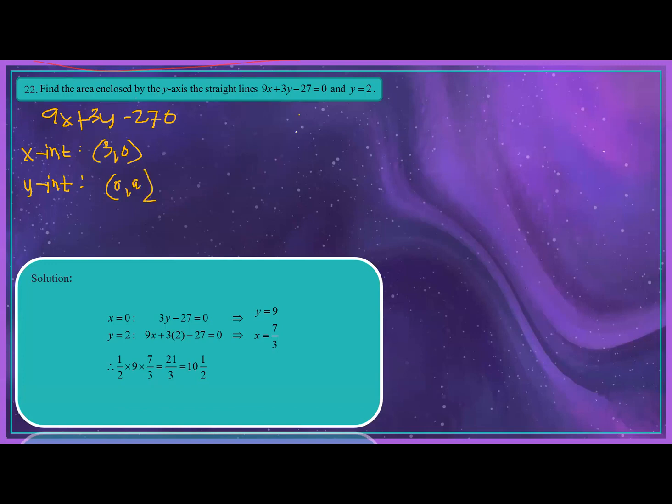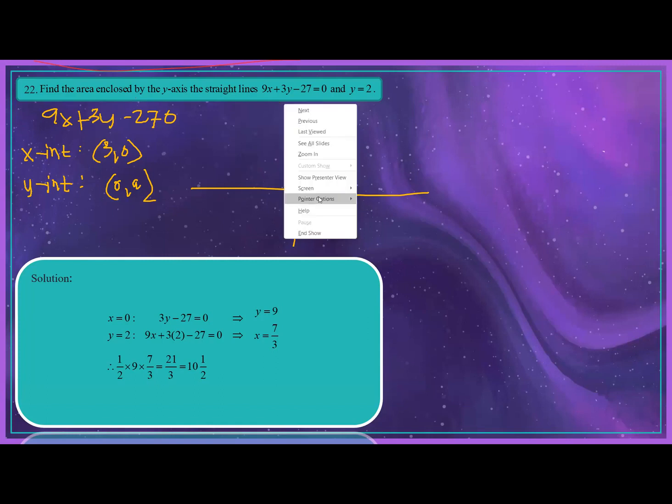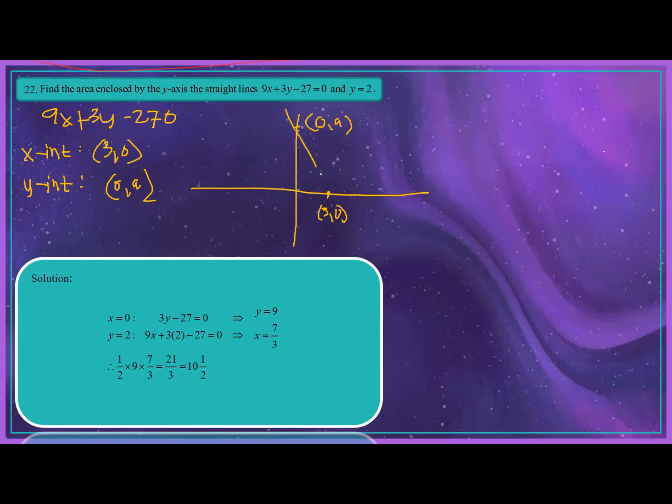So we graph that. This is our (0, 9), and this is our (3, 0). So our line is like this.